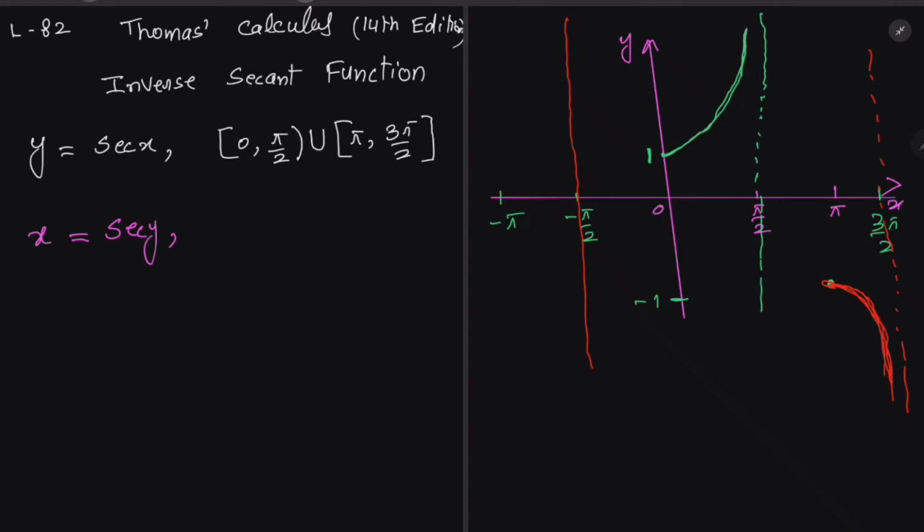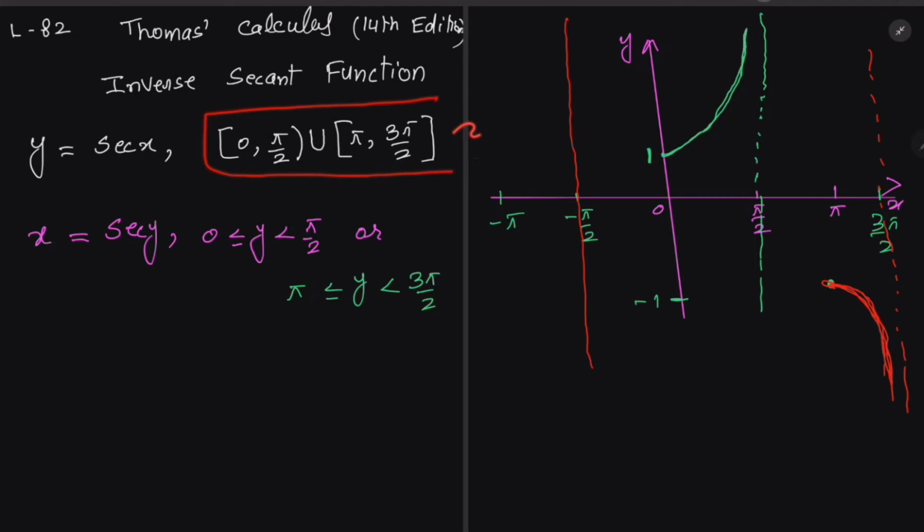And domain becomes range and range becomes domain. So y is 0 to pi by 2, or the other part, pi to 3 pi by 2. This was the domain for secant x. When we interchange the values, domain becomes range and range becomes domain.